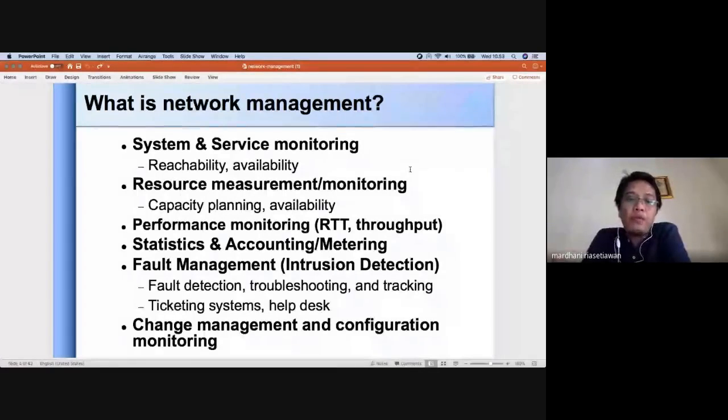So we need to have change management on it. So that's network management. When we discuss network management, it's not only about routing; we need to cover system and service monitoring, resource measurement, performance monitoring, statistics, fault management, until change management.